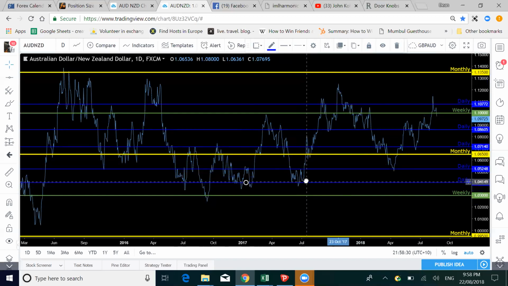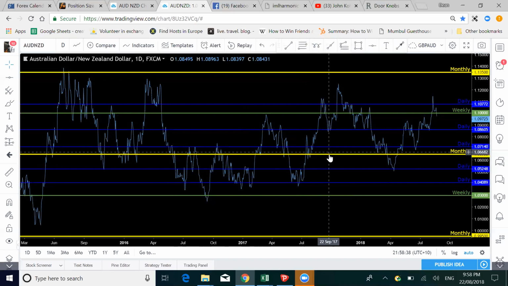So here's a good example. You can see that between this monthly line here and this weekly line, these two daily support lines, I reckon they're pretty close to being about the same distance apart for all three.